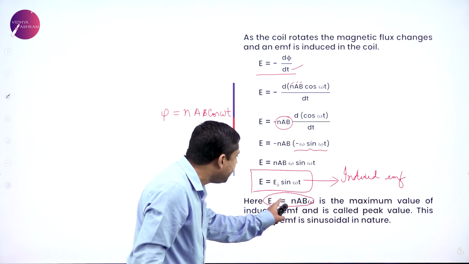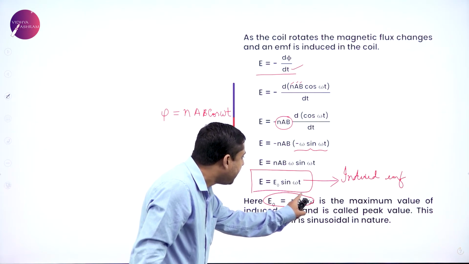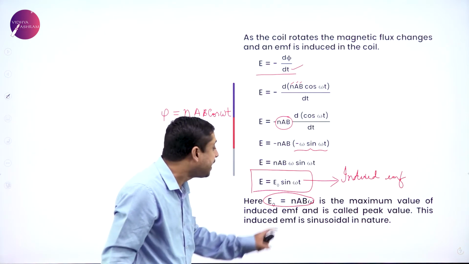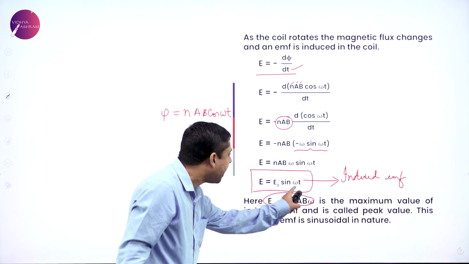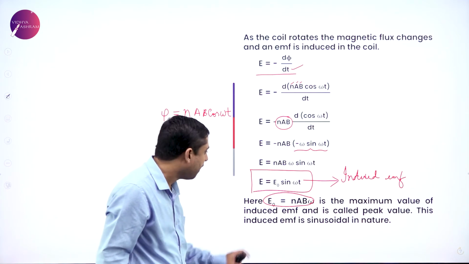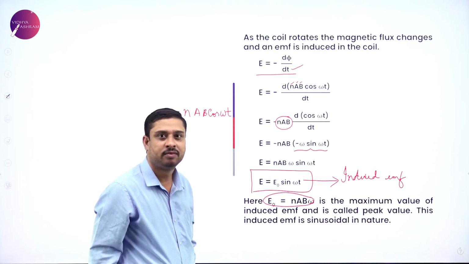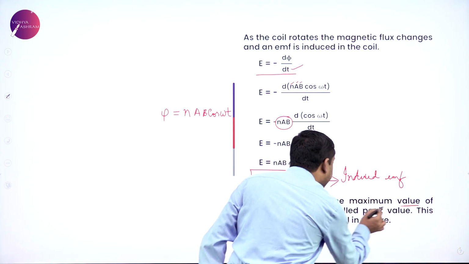E naught equals N A B omega. What is E naught equal to in magnitude? N A B omega.